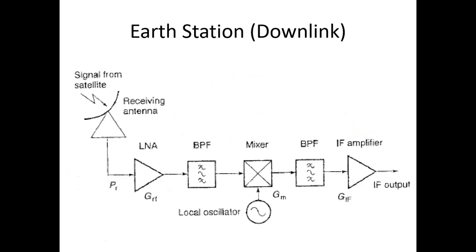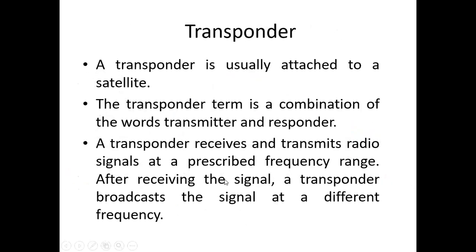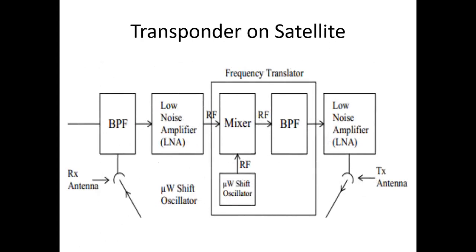Okay, and then at the earth station you again receive and use an LNA. And if you had a digital signal, you recover the original digital signal and then again you transmit.